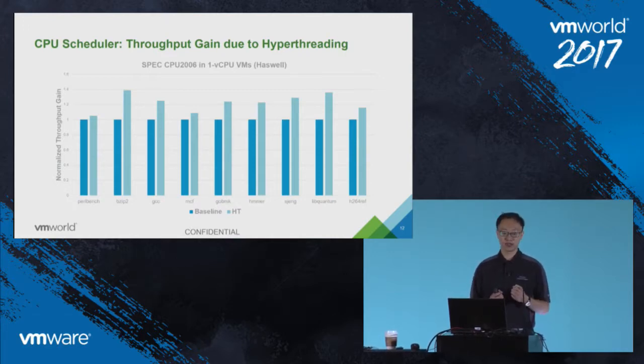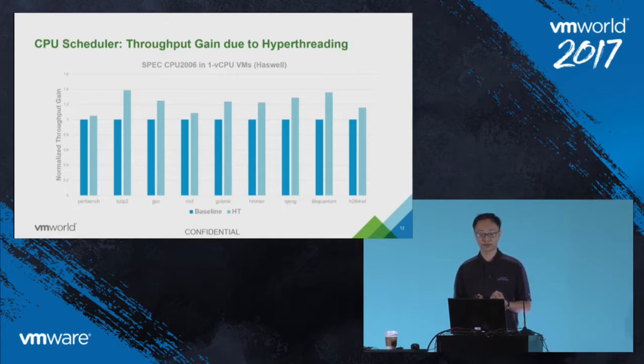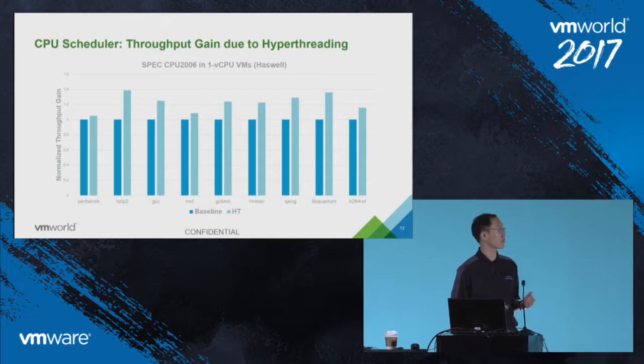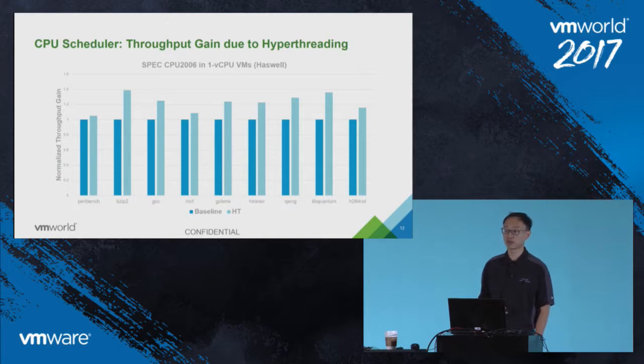These workloads are placed on a single core, same hyperthread, and they run in sequence. We finish the first iteration of the workload and then run the second iteration. For the HT setup, we take these 2 workloads and run them simultaneously on 2 hyperthreads of a core. As we can see here, using the hyperthreaded setup, we can have an efficiency gain anywhere from 5% to 40%, which is a pretty good throughput improvement.